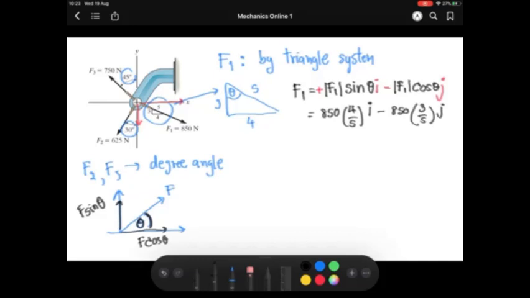In this step, you can use your calculators to find the final numbers. So 850 multiplied by 4/5 will be equal to 680i. And for the other term, 850 multiplied by 3/5 will be 510.